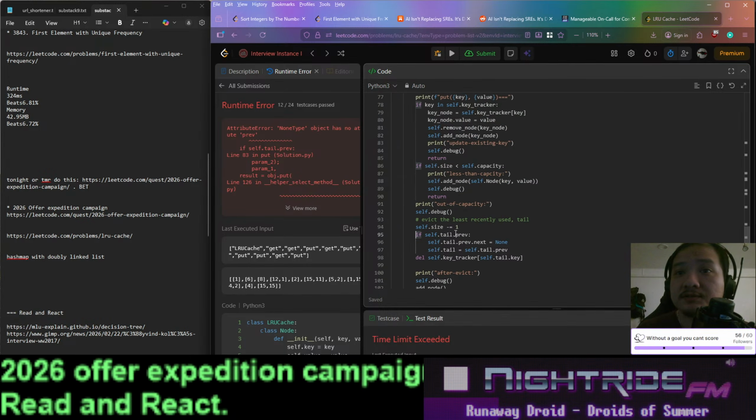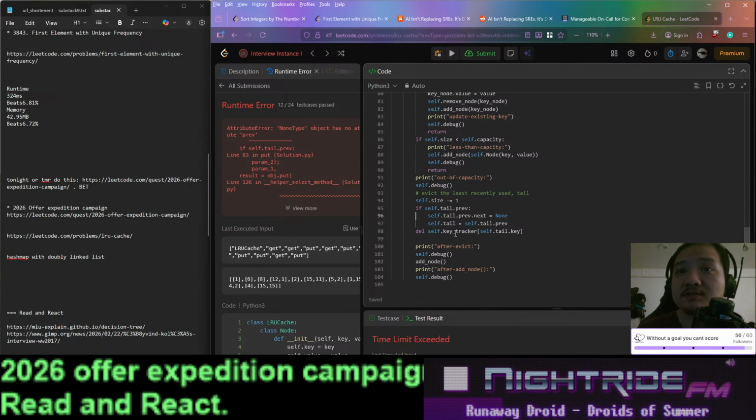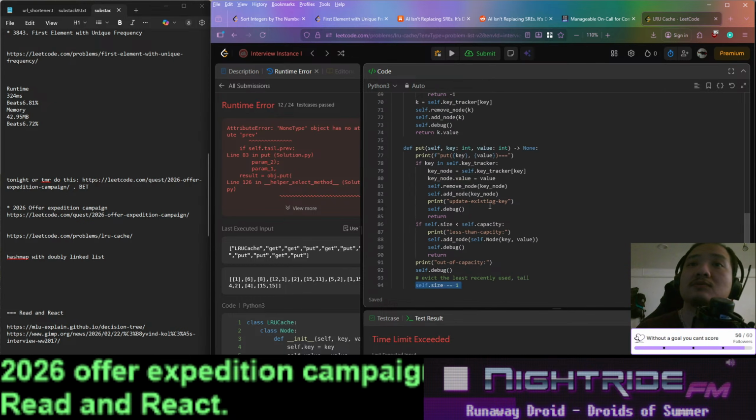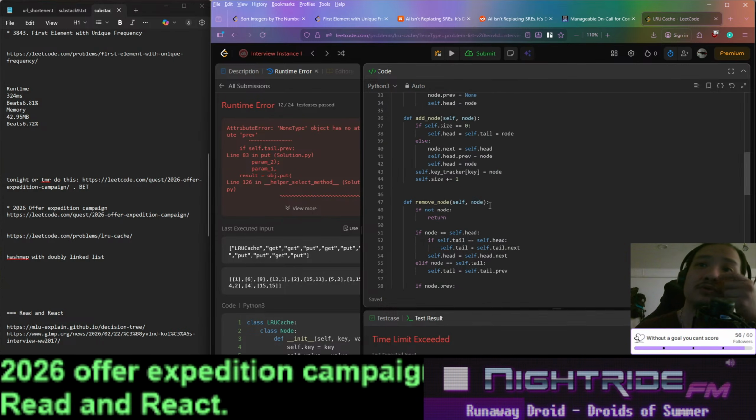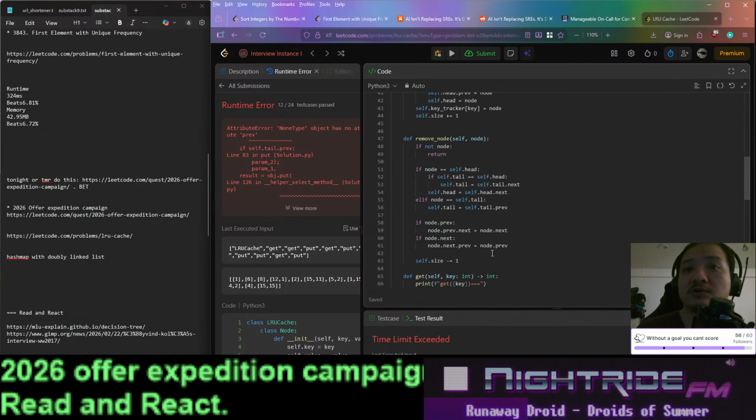Okay. So when we are out of capacity, when we remove node, we also delete the key.